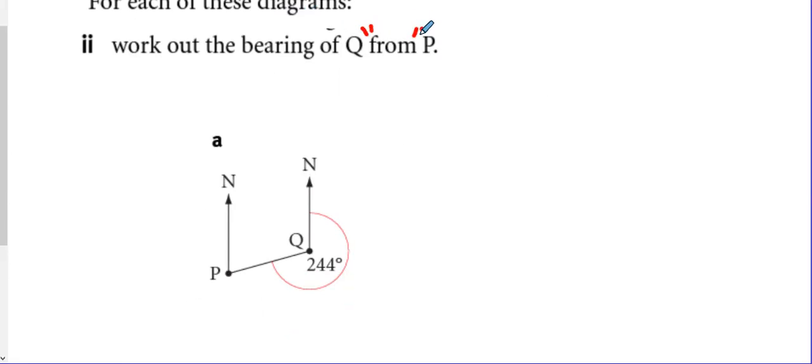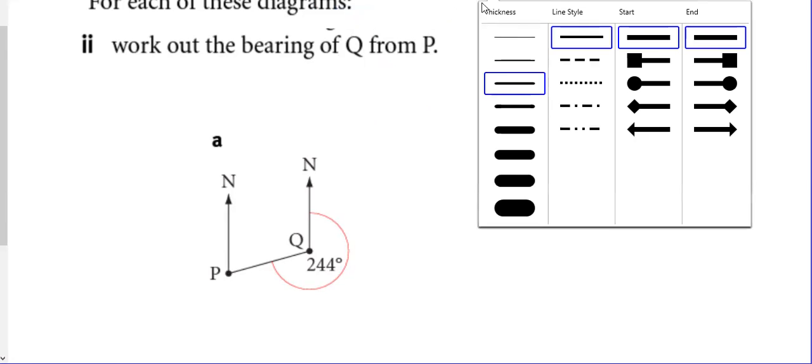The word from will determine which point will be used as our reference, meaning on which point we draw the north direction. So they said from P, so you go straight to point P.